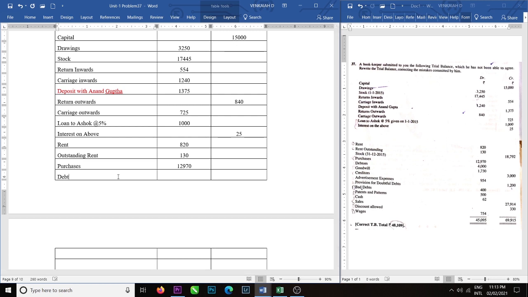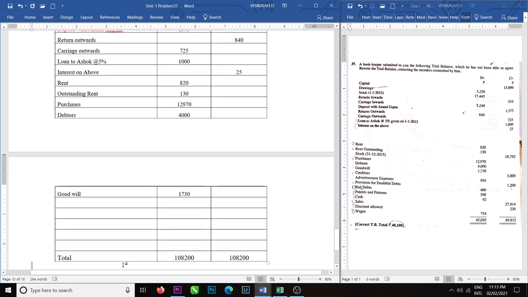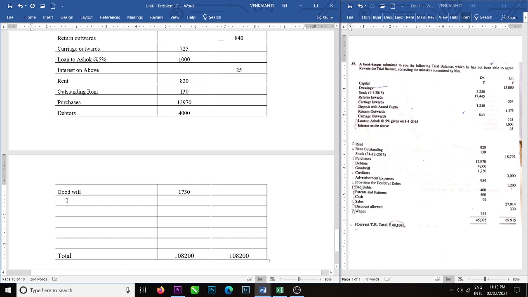Debtors, 1,000. Goodwill is asset, 1,730. Creditors are liability, 3,000.